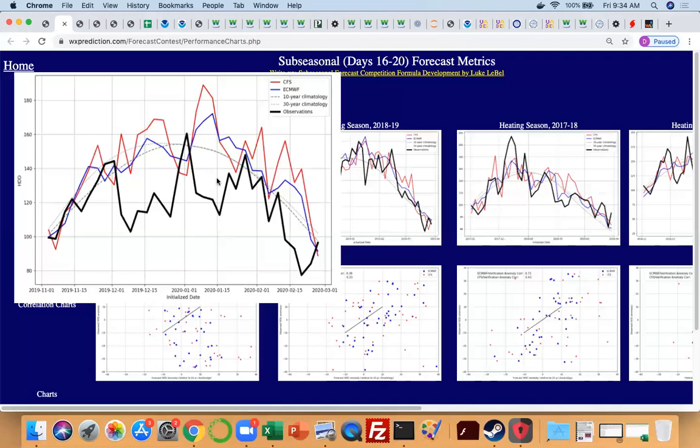As for chart interpretation, I think it's pretty straightforward. As for things jumping out, I'd say it's rather interesting that there are 2 very obvious periods where the models completely missed on the warmth. Looks like December to almost January, and then January like 6th to like the 16th or so.